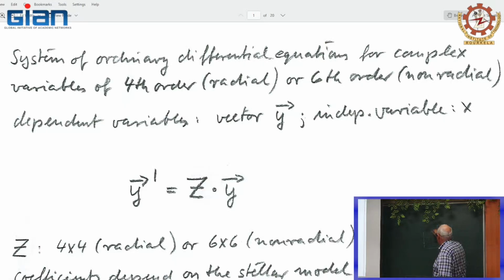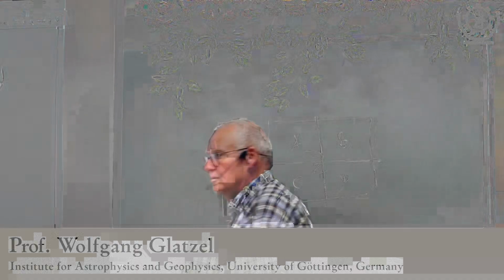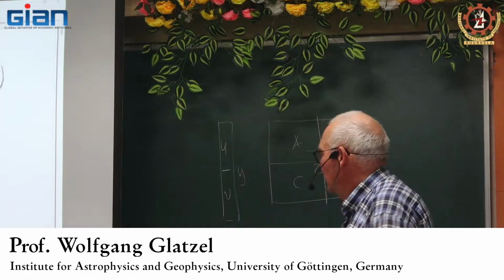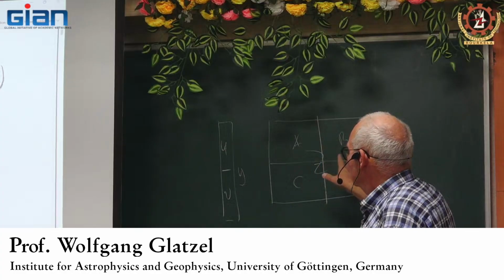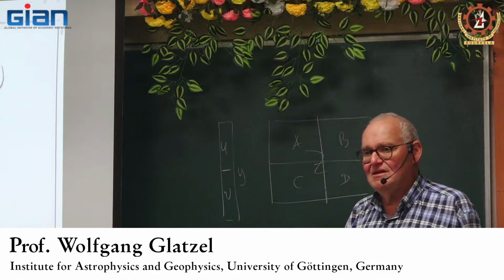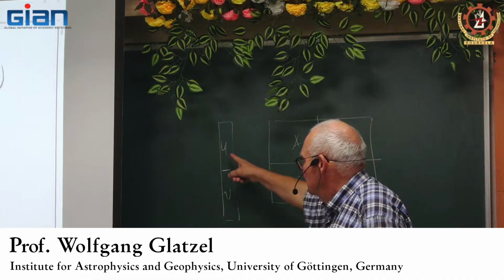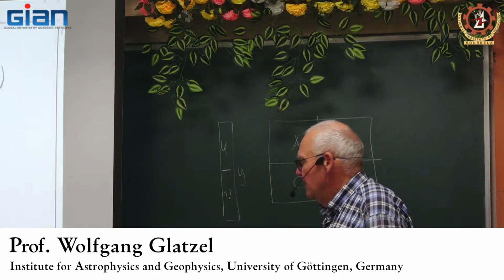This is matrix A, B, C, D, and Y into 2 parts, U and V. So for the 4x4 system, for the radial case, A, B, C, D are 2x2 matrices, and these U and V are vectors U and V.